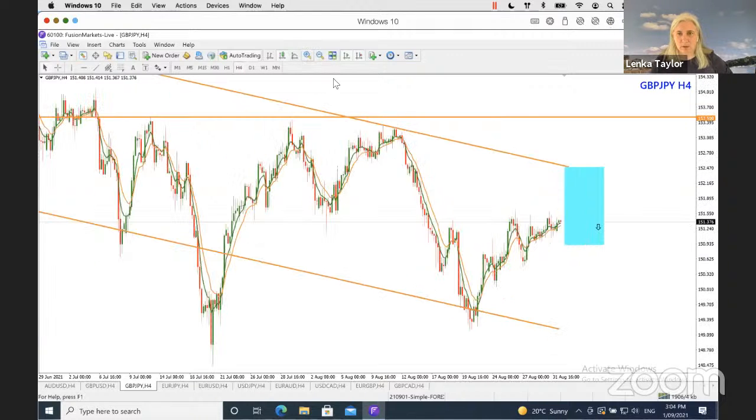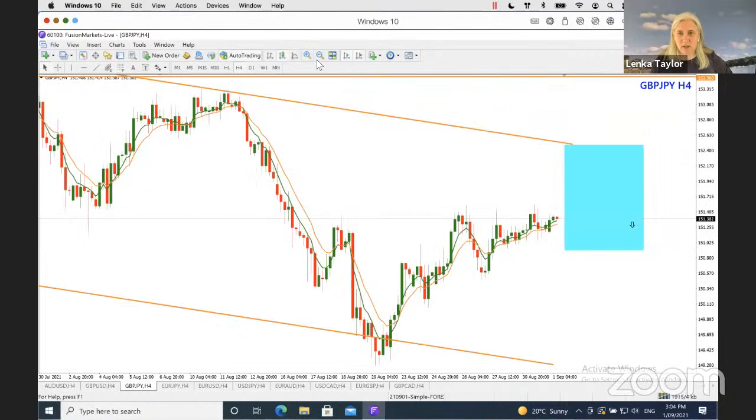So it could be around that area now, or a bit further at the top of the channel, or even further at the top of that line. I'm not really sure how far it's going to go, so we just need to wait and look for the potential reversals around those areas.